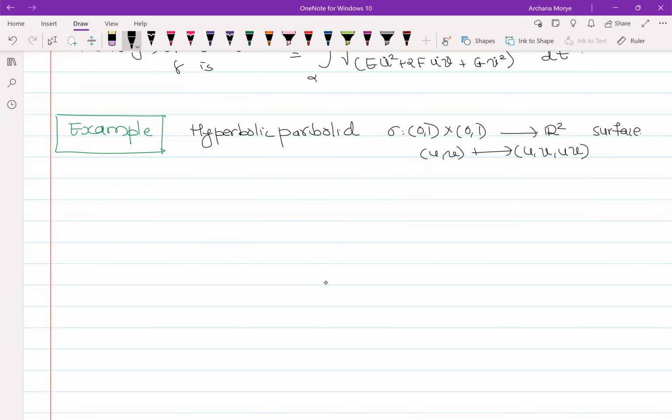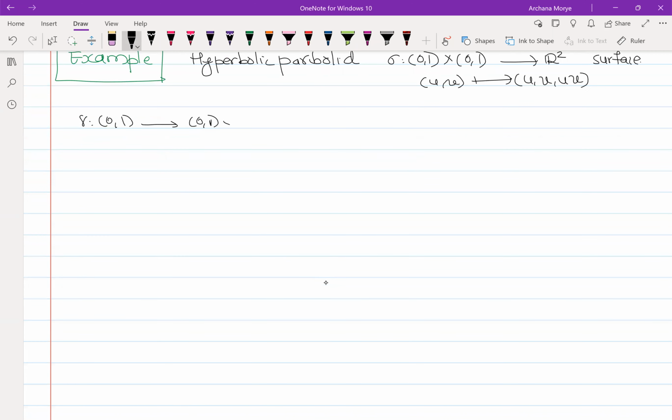And let me take a curve on the surface patch, t goes to (t,t). You have this open box inside R2, and gamma is t comma t. So this is my curve.